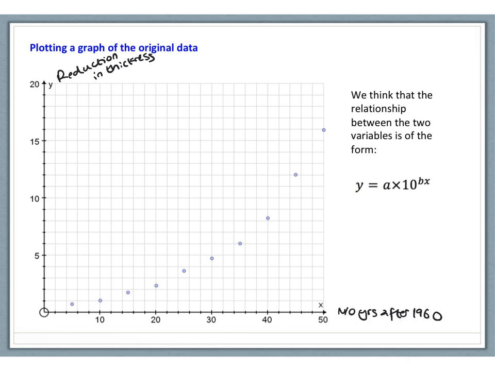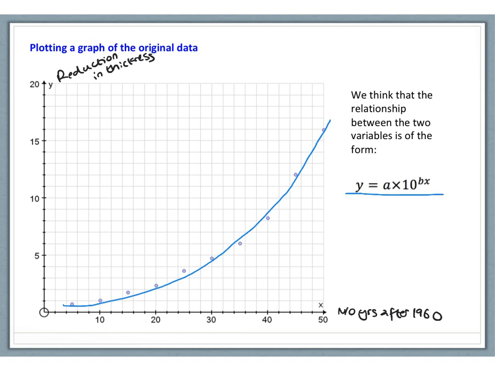We can have a look at sketching a curve of best fit through the points. It's not quite as close a fit as in the previous example, but we do get quite a nice curve through there. Now this time, we think that the relationship between the two variables is of this format.